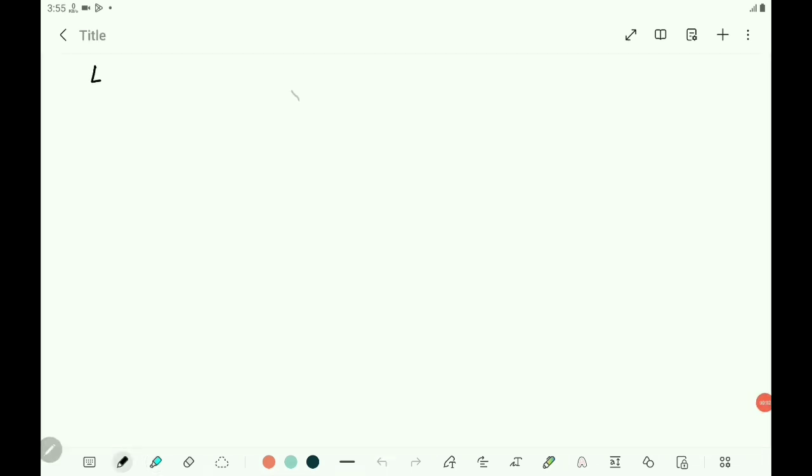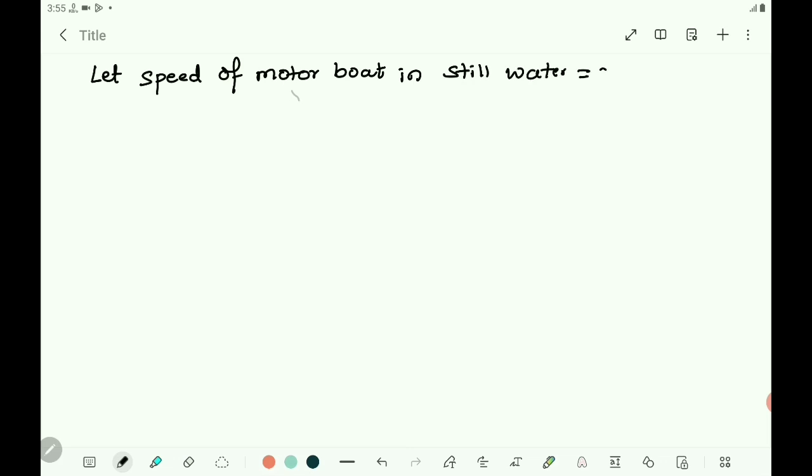Let the speed of motor boat in still water equal x kilometer per hour.